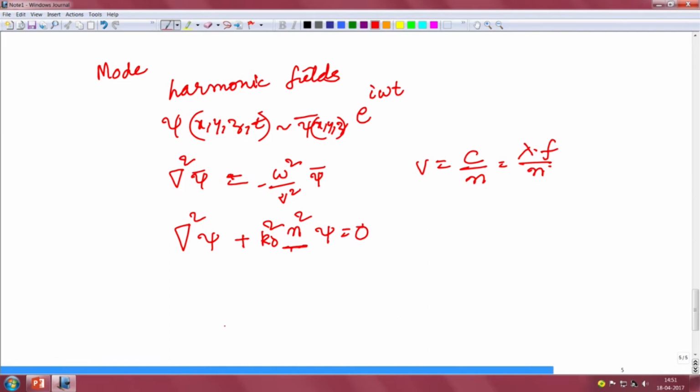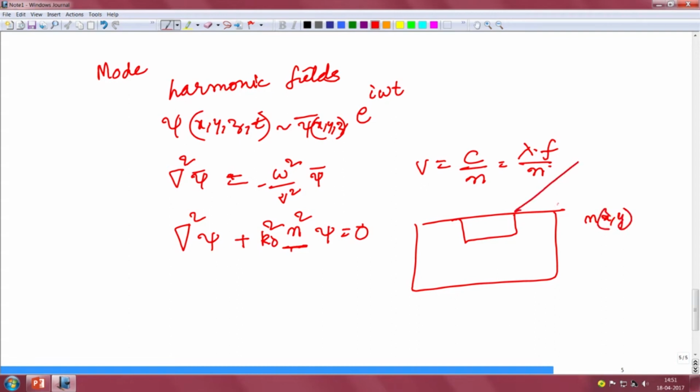So, we are talking about the waveguides which have a cross section. I will draw once again the waveguide geometry. So, you have a refractive index which is a function of x comma y only, and along the propagation direction the refractive index is not varying. So, let us say that the propagation is in the z direction, and we can define a mode which varies as e power i omega t e power i beta z in the z direction.